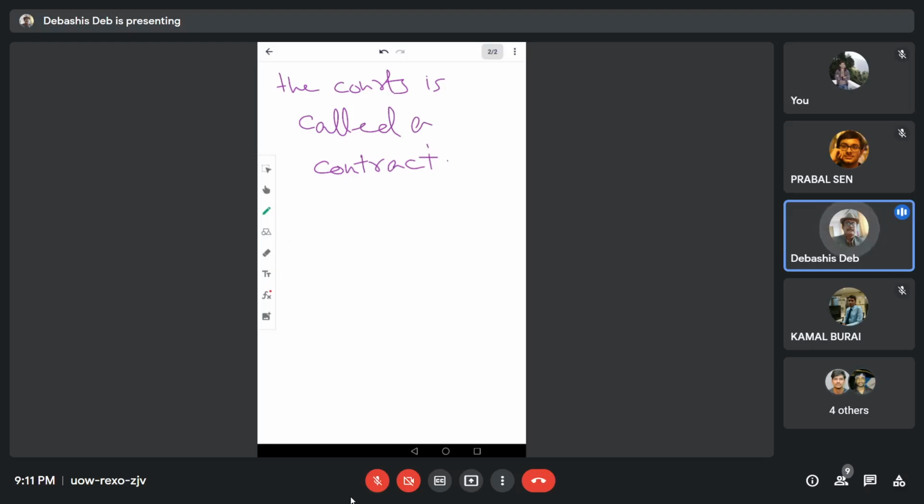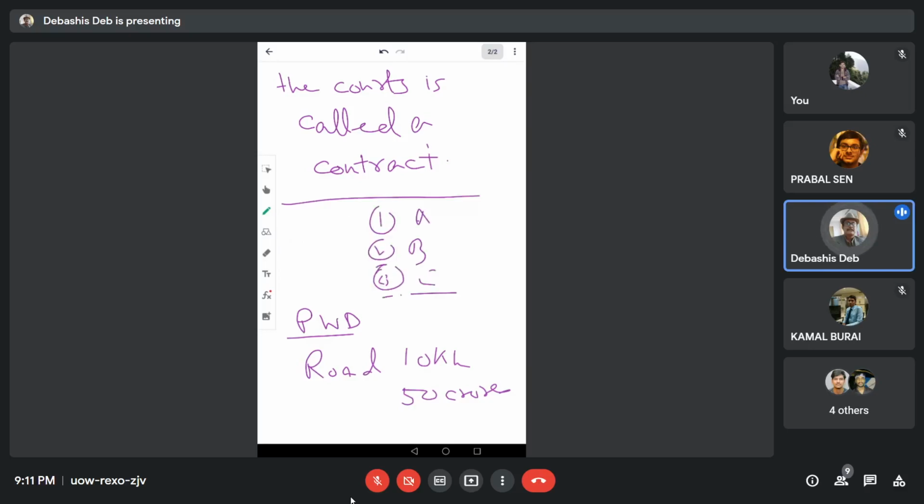Okay. Now in our case, what is a contract? Say I am an engineer of PWD. One tender has been floated for construction of a road, say 10 kilometers, at a cost of say rupees 50 crore. There are so many parties, say party A, party B, party C, they participate in the tender.